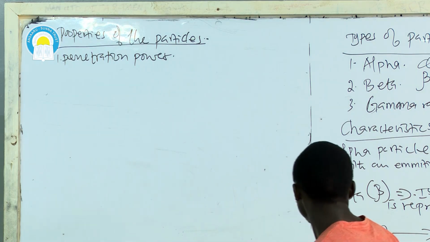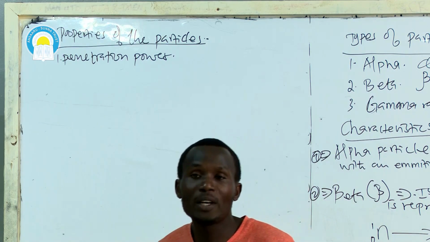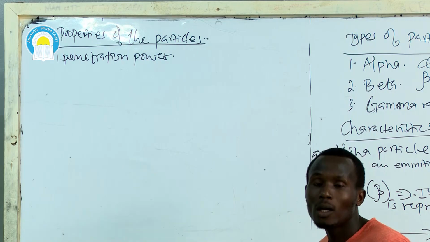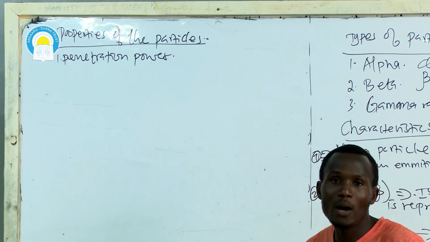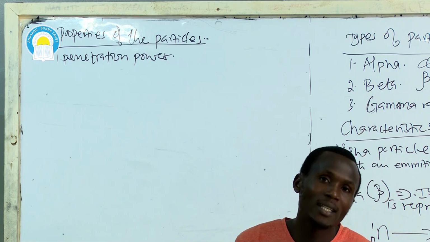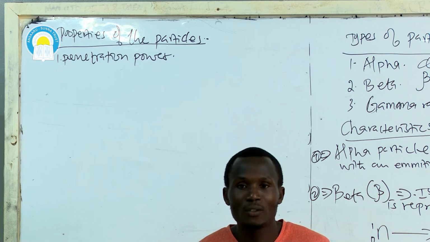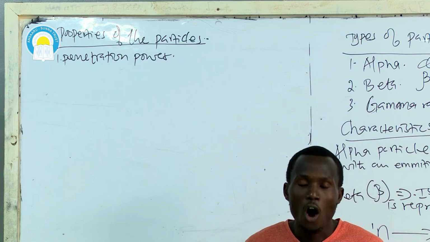Then the second is the beta particle, which has the second penetration power. Beta particle can be stopped by an aluminum foil. I hope you understand what aluminum foil is. The one that maybe you also find the chefs using if you want to keep your food hot.